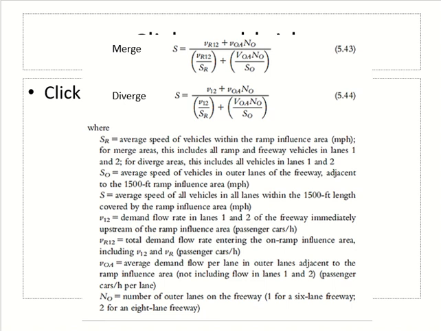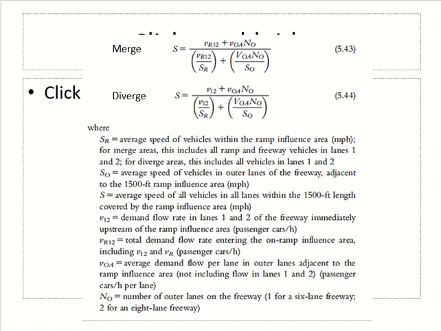Now, how to find the average speed? These equations give you the average speed for the whole segment, inner plus outer: average speed for the merge segment, average speed for the diverge segment. The previous table gave you a different speed for each lane; this one is the average of all lanes. Clear? We are using the same values.